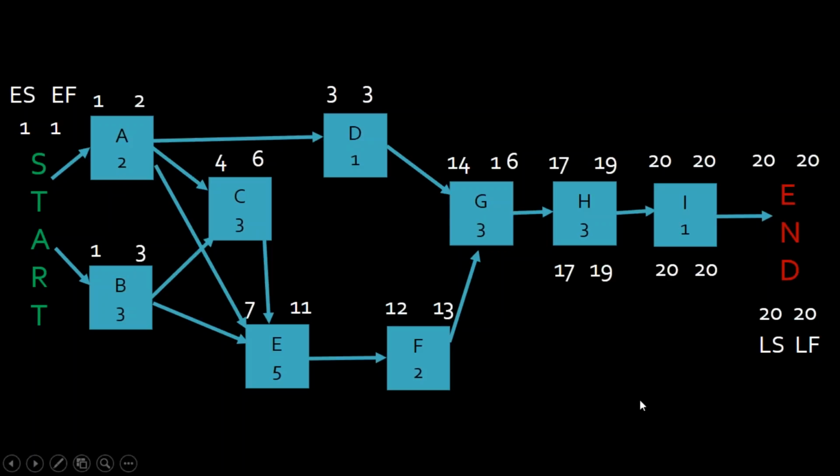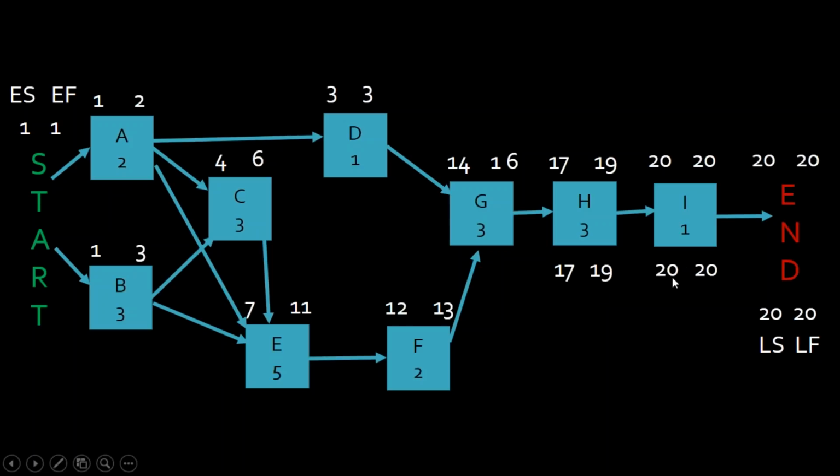We go back to H. Now the dependencies are in the other direction. H needs to deliver to I. So if the latest that I can start is day 20, then the latest I can finish H is day 19. Remember, now I'm looking at the dependencies backwards instead of forwards.